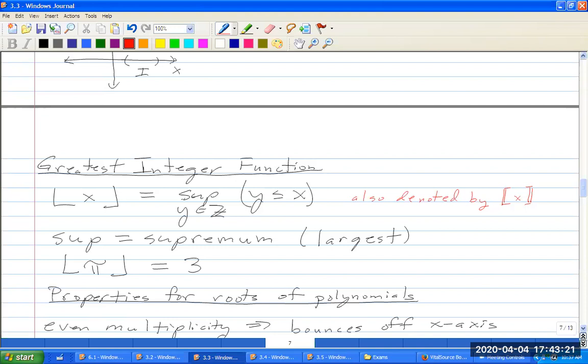In your book, a lot of times, it looks more like this. So this is the floor.